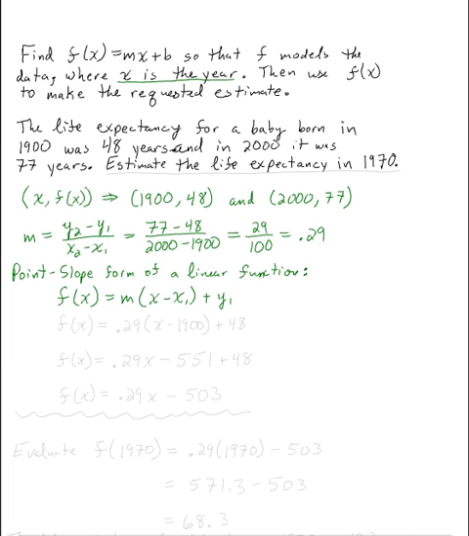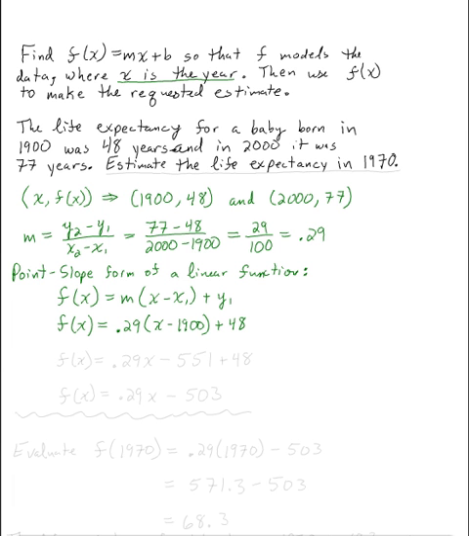So, making substitutions, I can write f of x is equal to 0.29 by x minus 1900 plus 48. And that's the point-slope form.